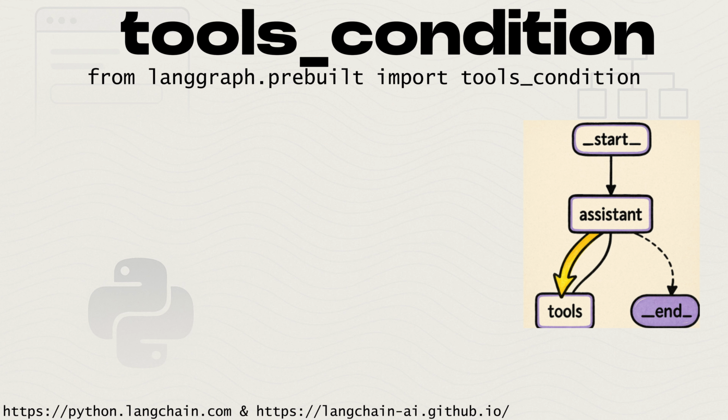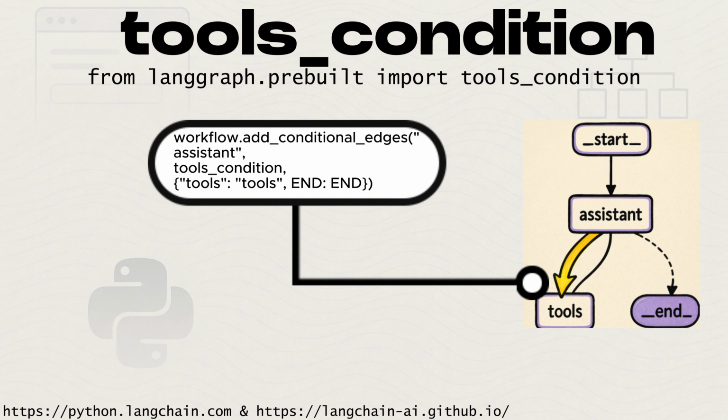And this function is called tools_condition. So what it does is that you embed it or you add it with the add conditional edges. And that allows to go from a node towards calling the tool node or the list of tools that you have.